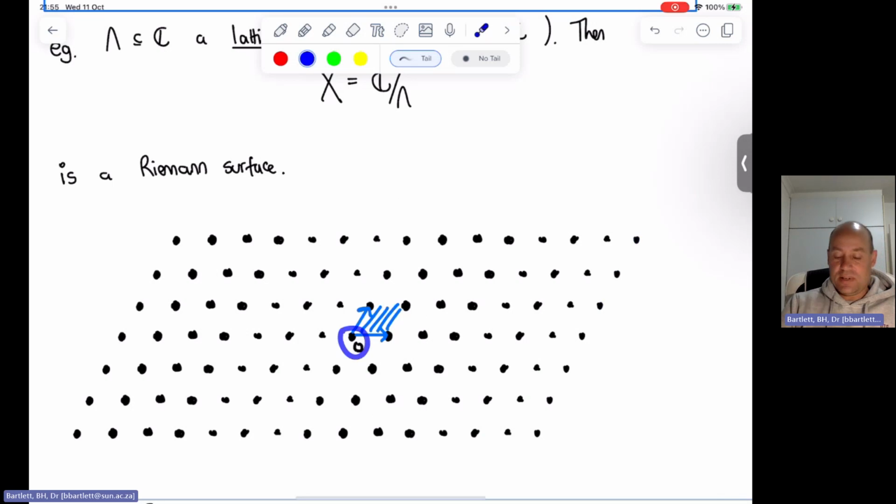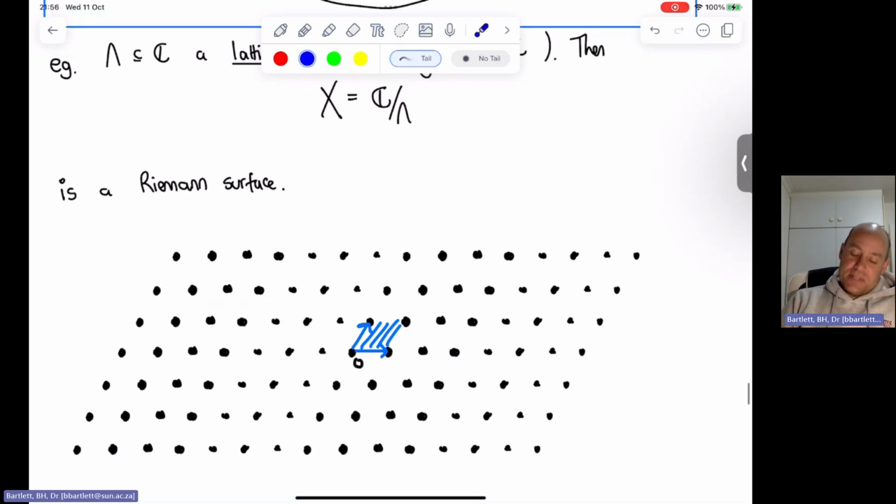Here's the 0 element there. So for example, this plus this is going to give you that, and so on. Now I can take the quotient of C by the lattice, and that's going to be a Riemann surface. And the charts are just going to be the same charts as on the complex numbers, but you just have to take them small enough so you don't run into trouble where they overlap when you translate by points in the lattice.